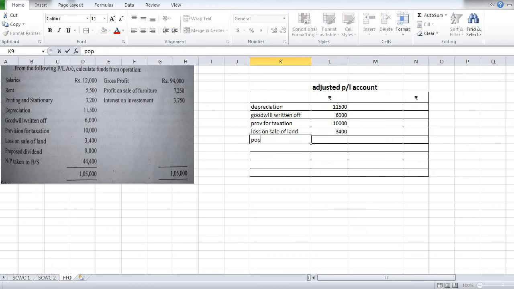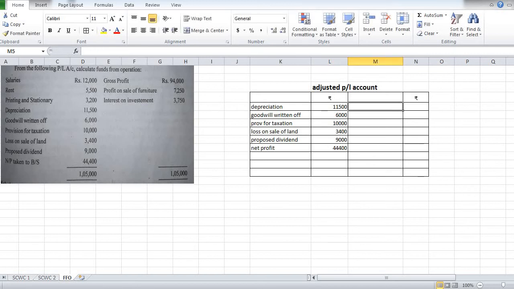Plus proposed dividend. The value is 9,000. So these are the various non-fund or non-operating expenses, and finally we have to write the net profit. That is 44,400.